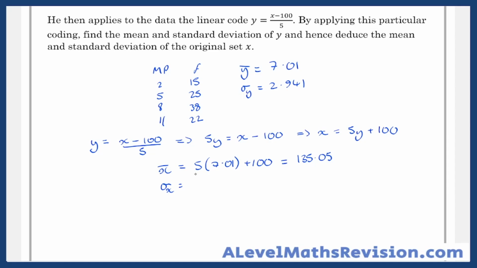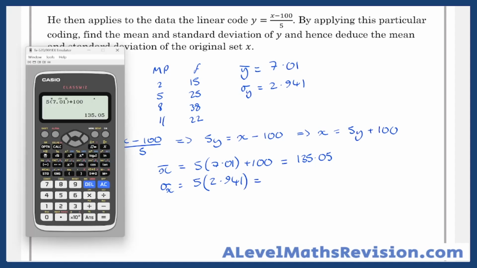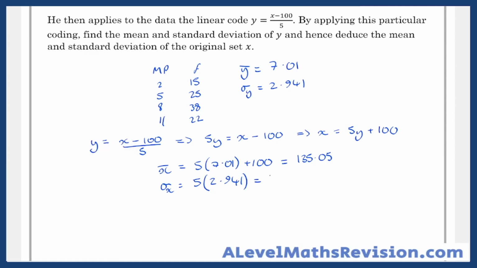So sigma of x is only 5 lots of the standard deviation of y. So 5 lots of 2.941, which is equal to 14.705. And there we have it, finding the mean and standard deviation of linearly coded sets.